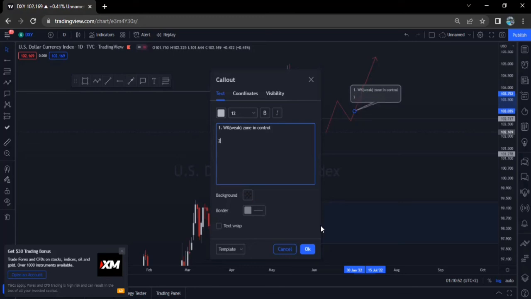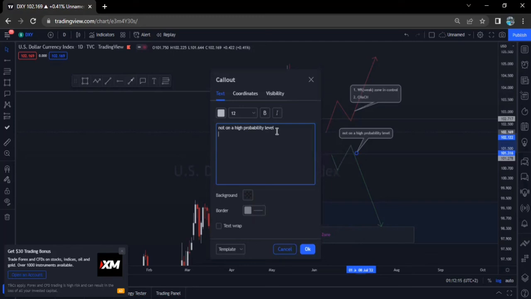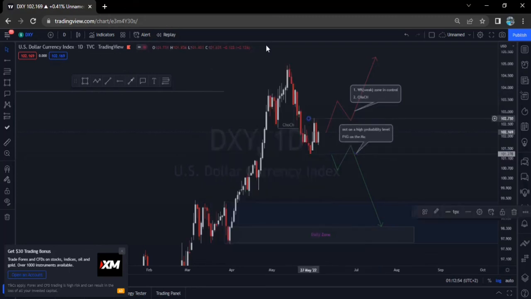Number two, we have a break of internal structure, which is this high over here. If we break through this low, number one, we know we're at a high probability level in price. Oh, and then we have a fair value gap. So those are the two scenarios that I see on the dollar index.